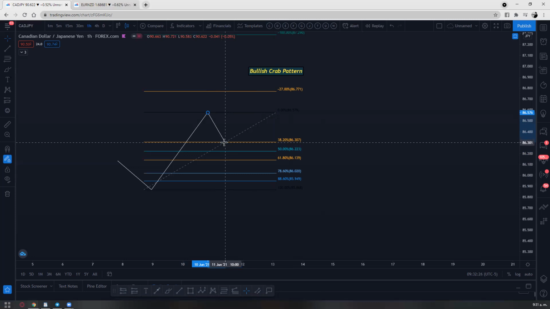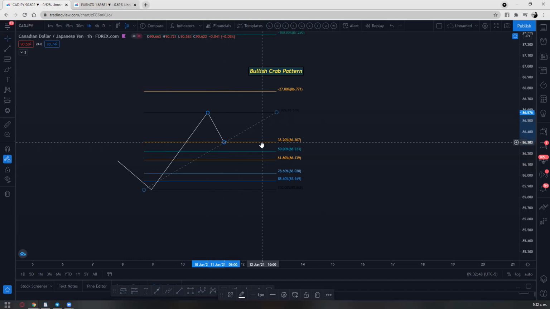For the correct crab pattern, the actual pullback has to reach at least the 38.20. It can maybe go to the 50 or 60, but usually goes to the 38.20.